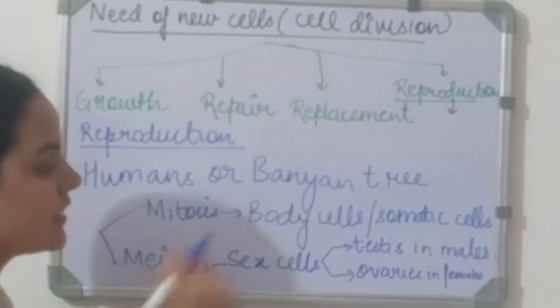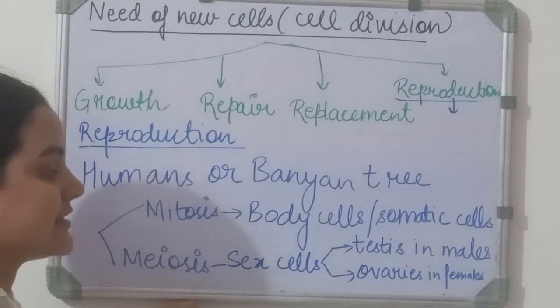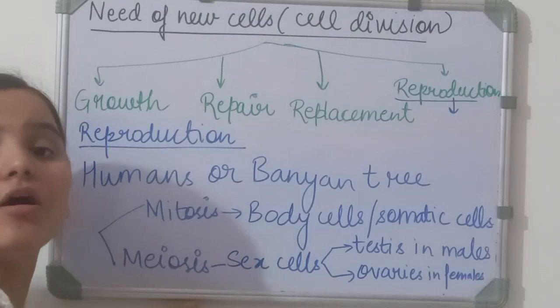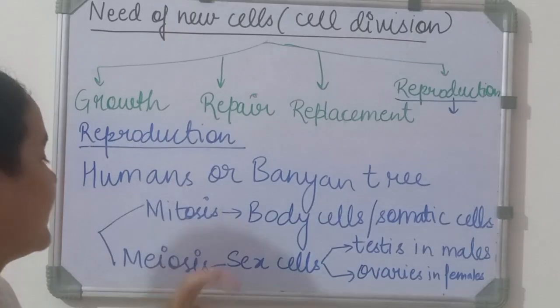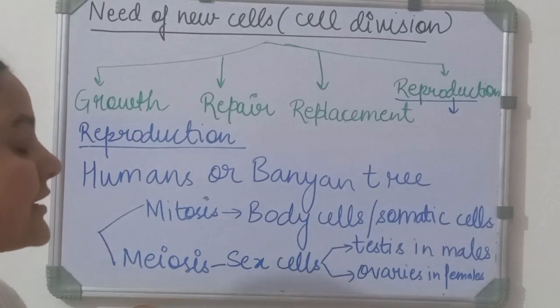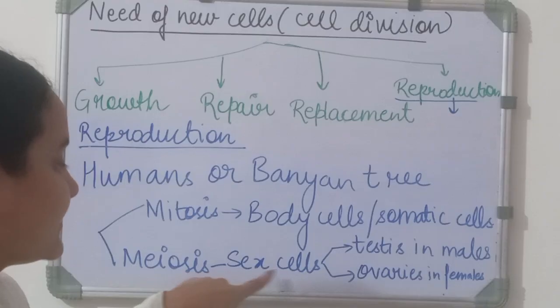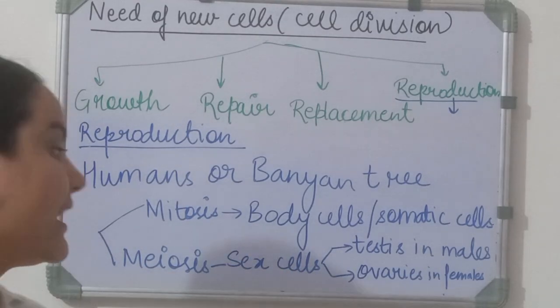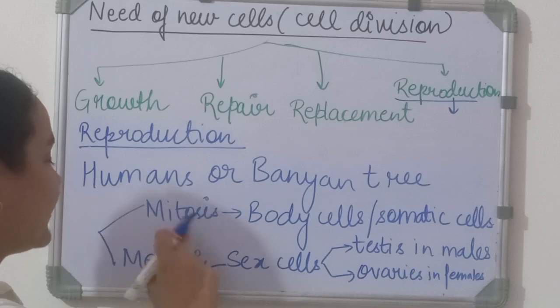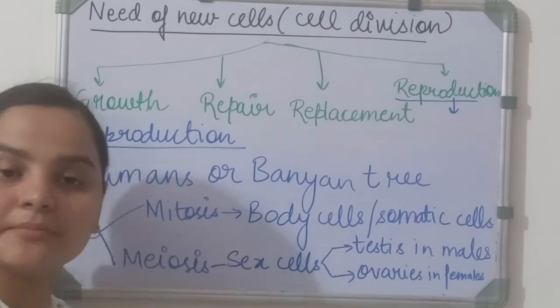In testes sperms are produced and in ovaries eggs or ova are formed. So mitosis occurs in all the cells except the normal sex cells, because in sex cells meiosis occurs. Next we are going to study mitosis and meiosis, where I will explain everything very simply and clearly.